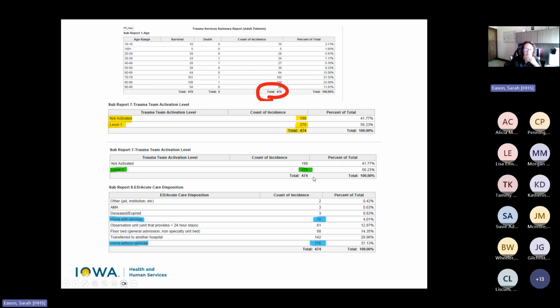So are we calling these too much? Is there a component in my trauma alert policy that captures these extra patients, assuming that everybody's calling it correctly and following the criteria? Is there a component in there that's leading us to overcall, over triage these patients? Because most of them are going home.